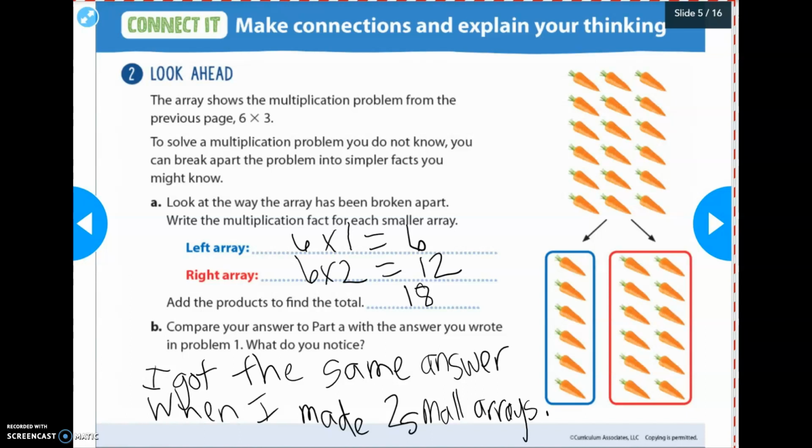Sorry, it's really hard to write on the screen like this, so my handwriting's awful. I apologize. So go ahead and hit pause while you write that on your page. And then you can push play to watch the next one.